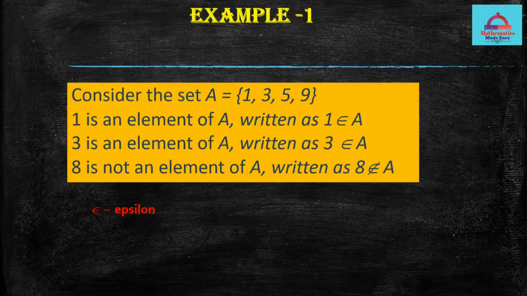Now I'm going to take an example which will further elucidate your epsilon usage. So here the set which is given to you is a finite set A with curly brackets and 4 elements.